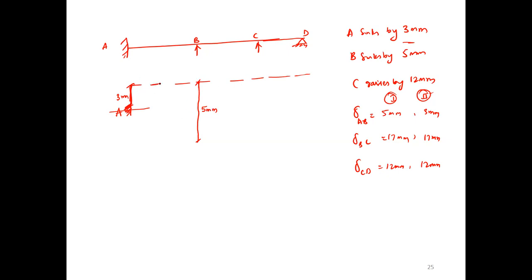With respect to the real beam, we have to take the dimension. Support C rises by 12 mm. Support C, with respect to this height, 12 mm. Remaining, D as it is. Now join this. Here it is A, B. Now join this.